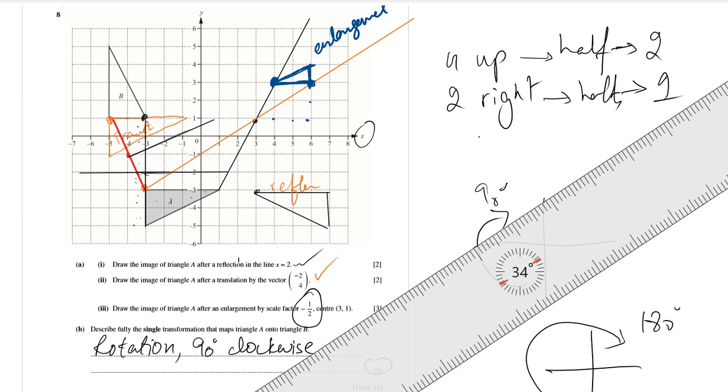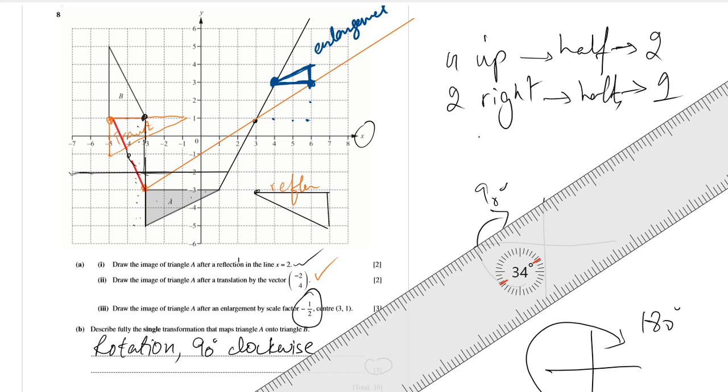It's not over there. It's getting back. So this line has to meet this line. This line has to meet this line. What was the center? This was the center.